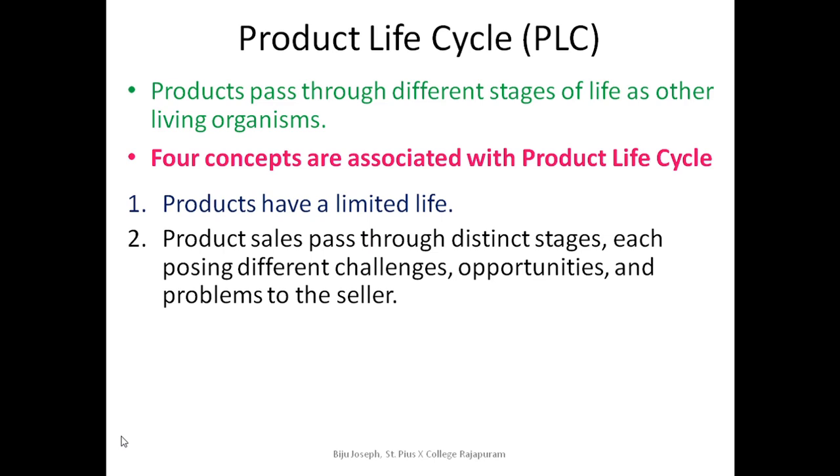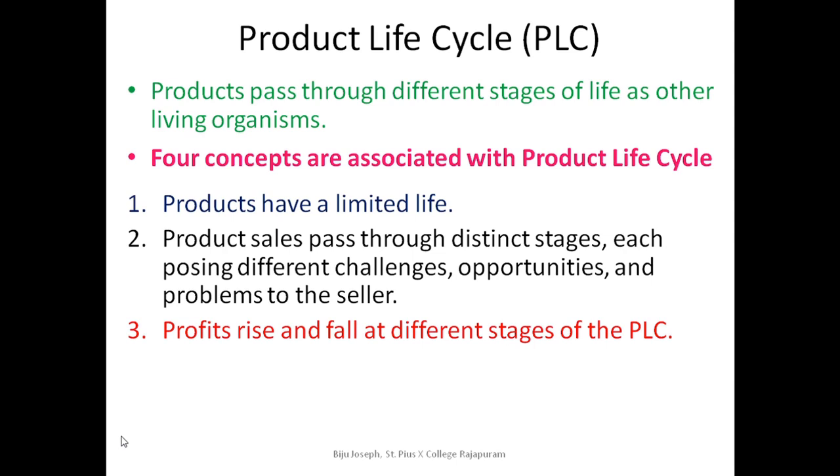So this point means, as said in the beginning, every product sales pass through different distinct stages, and during each stage the product sales poses different challenges, opportunities, and problems. And the third one is profits rise and fall at different stages of the product life cycle.